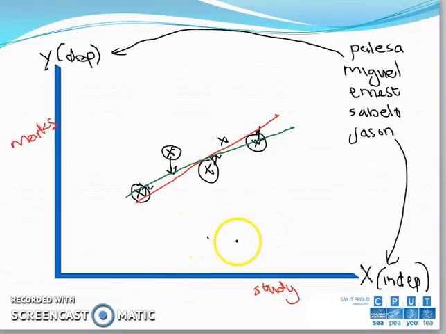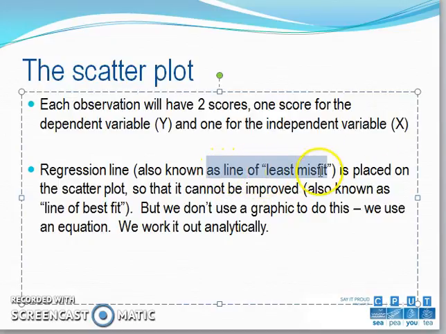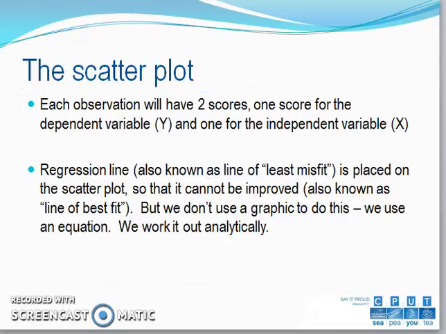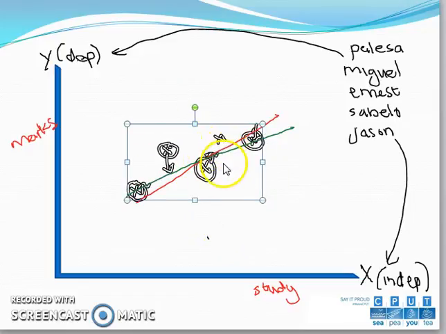That's what I meant earlier by the line of least misfit, but it's also known as the line of best fit. This picture gives me an idea of what I'm trying to accomplish by finding that line.